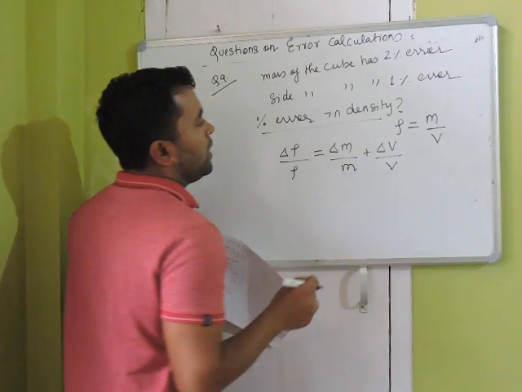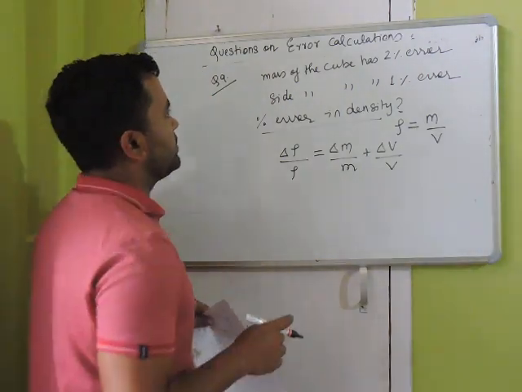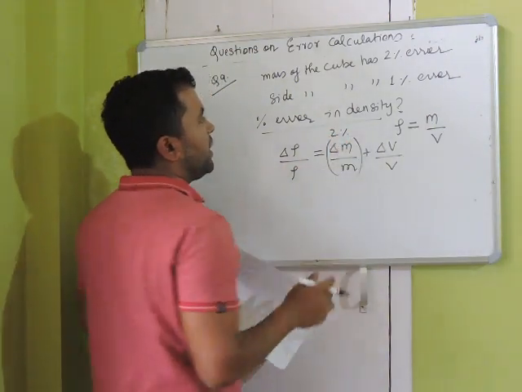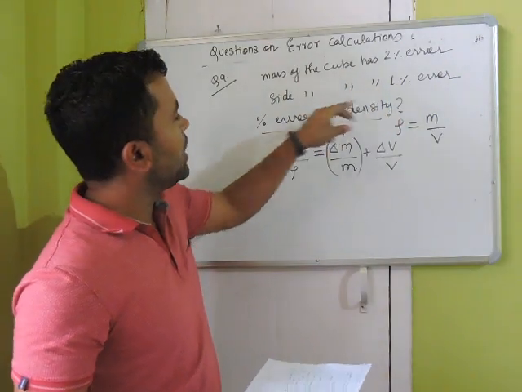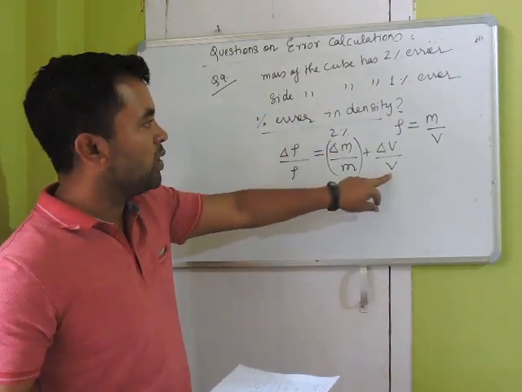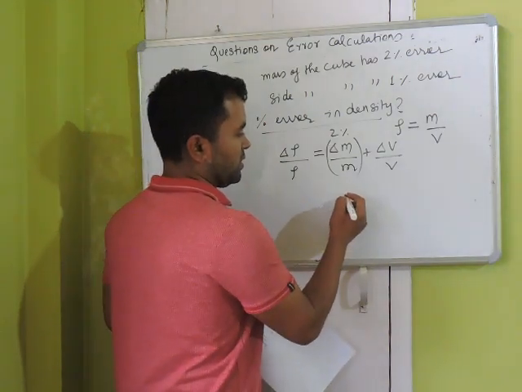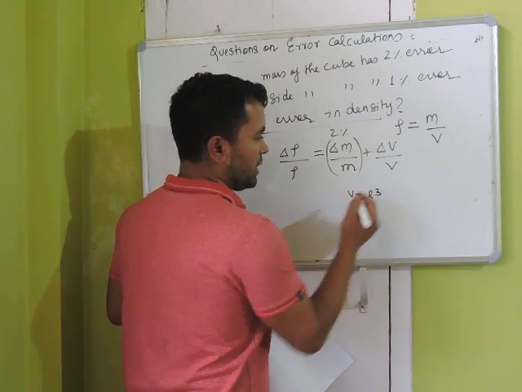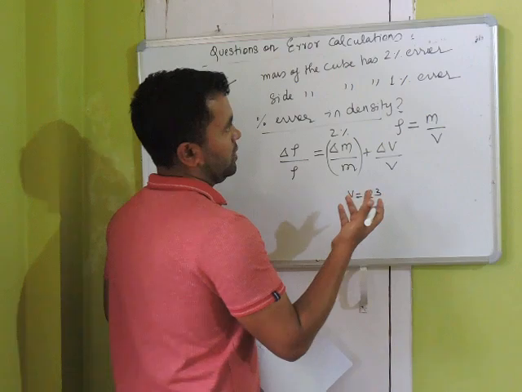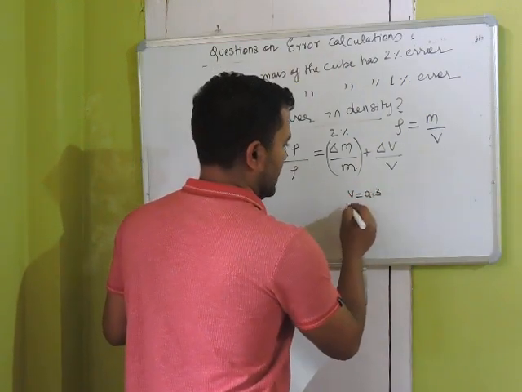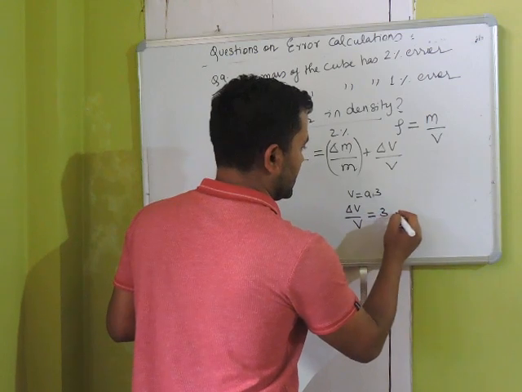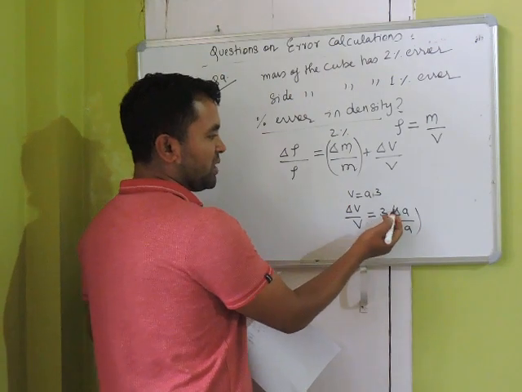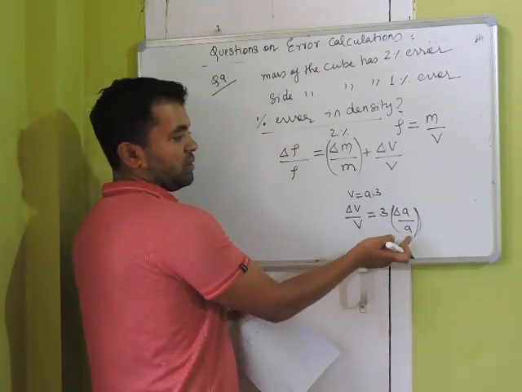now it is given that the mass error is 2%, but the error is given as 1% about the side, whereas this is volume. Volume of the cube, if you remember, is L cube or side cube. So delta V by V is 3 delta A by A. So the volume error will be 3 times the fractional error of the side, right?